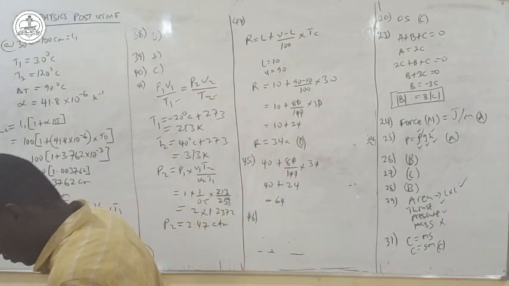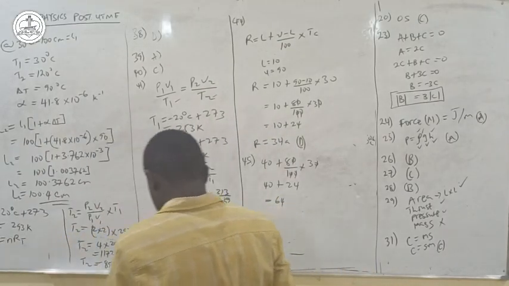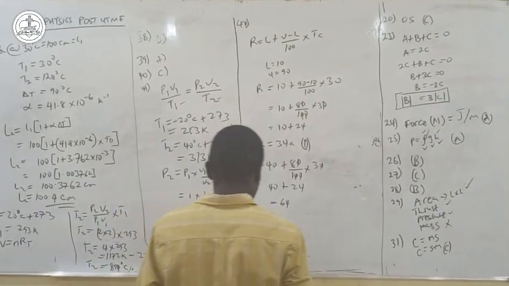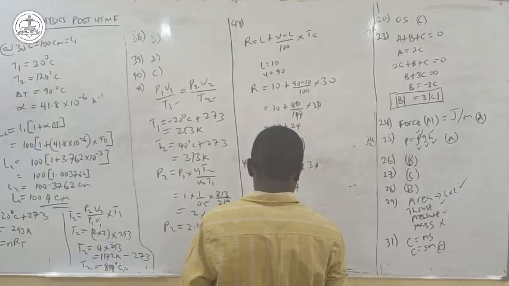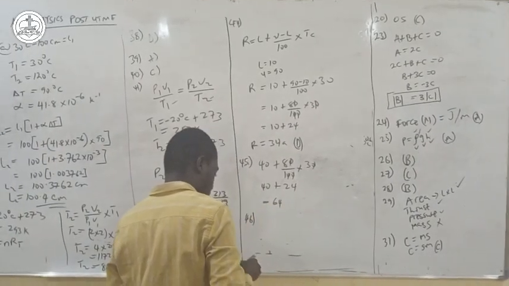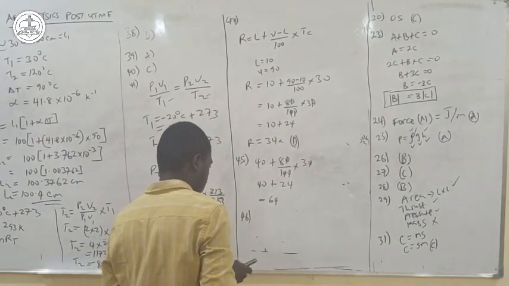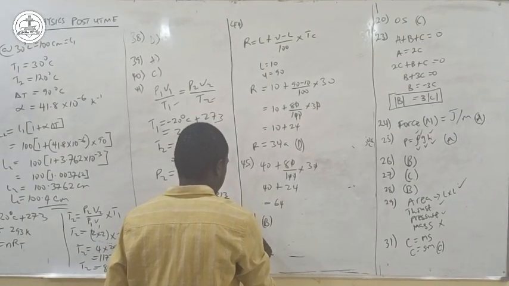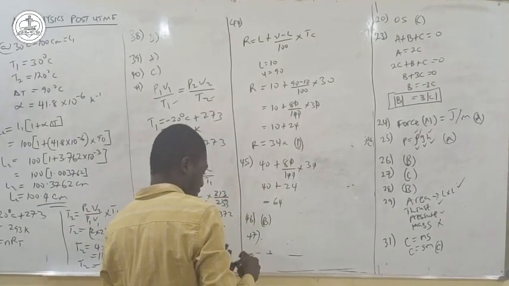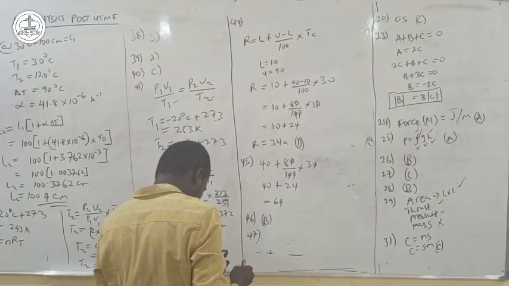Question 47. So the answer is what do we say is the answer? The answer is B. Sorry, marker. B. Question 47.